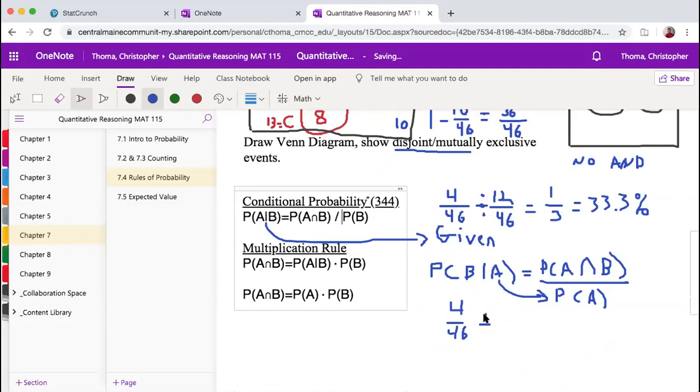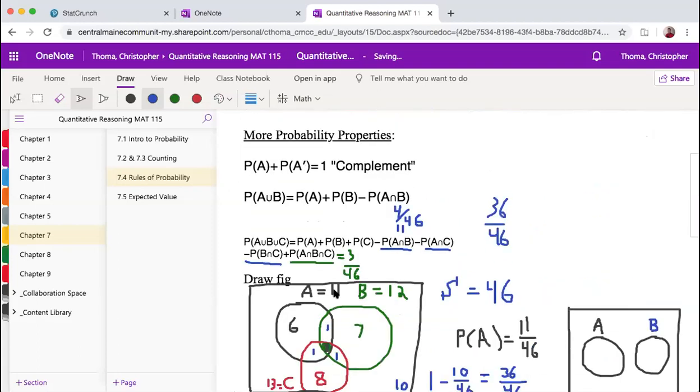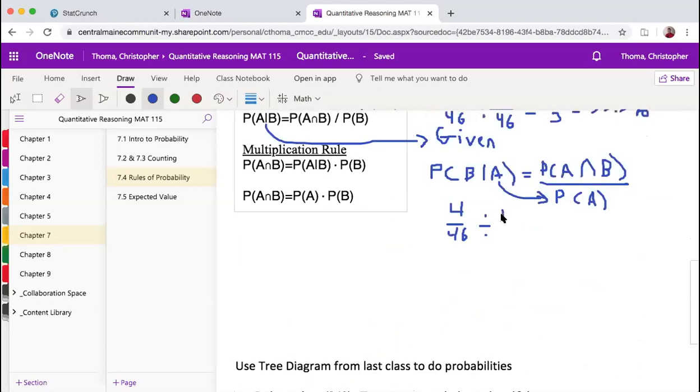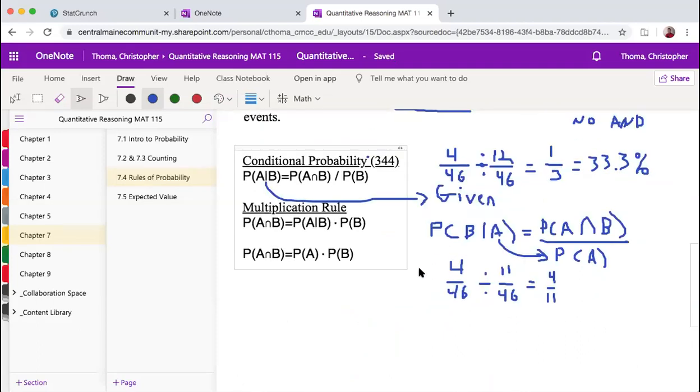But this time, I'm going to divide by A, which is 11 over 46, which just becomes 4 over 11, which is 36.7%.